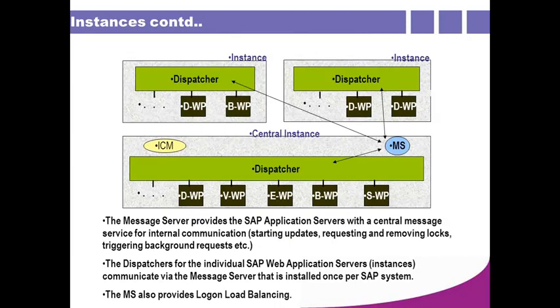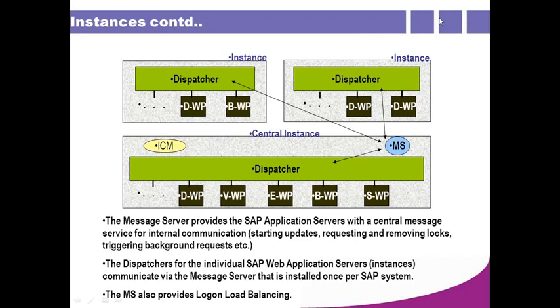Okay, right. See, as per this figure, how many instances do I have? Leave the names aside, like central instance, so many things you are seeing. Three. How are you saying we have 3? Through the diagram.